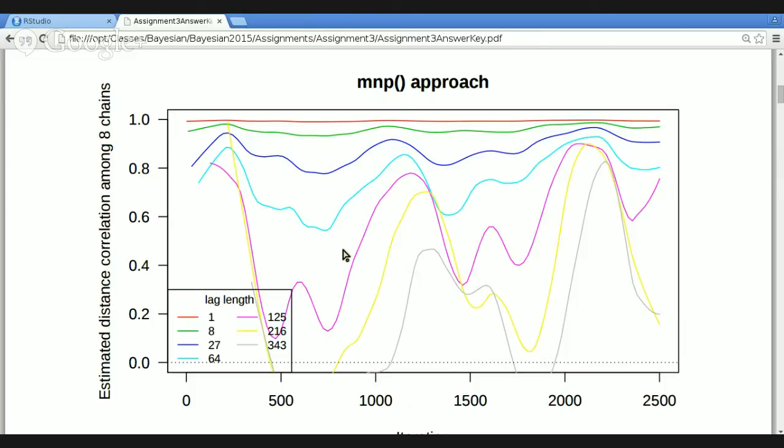If we ran this for a longer number of iterations, maybe it would get to that place. But certainly through 2500, we're not seeing it settle down even for 350 lags. So there's no thin interval that we could choose where we could test the null hypothesis that all the chains have the same distribution. That's not exactly to say that they don't have the same distribution.